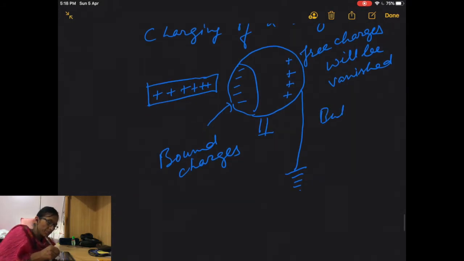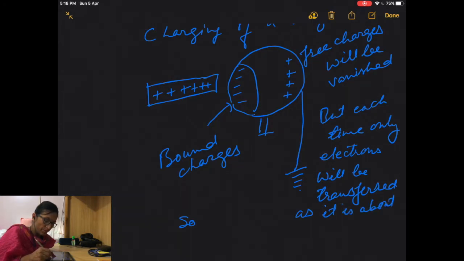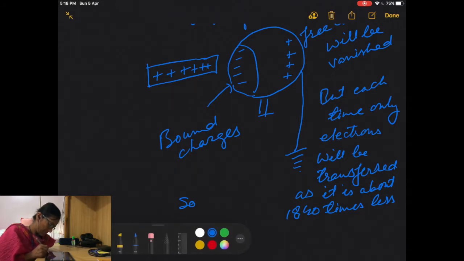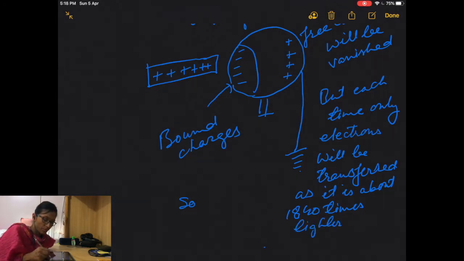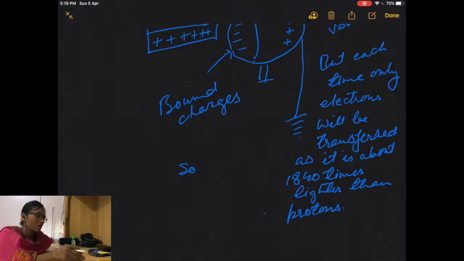But each time only electrons will be transferred, as an electron is about 1840 times lighter than a proton.